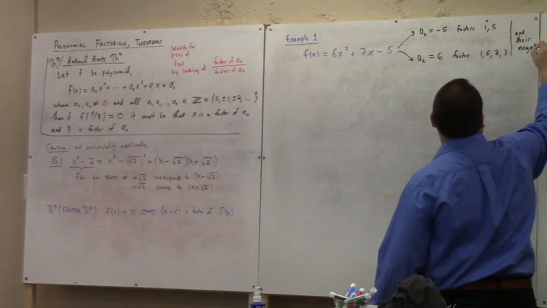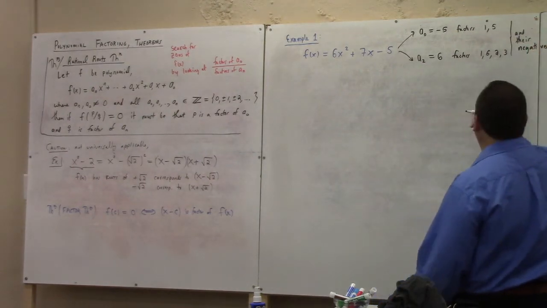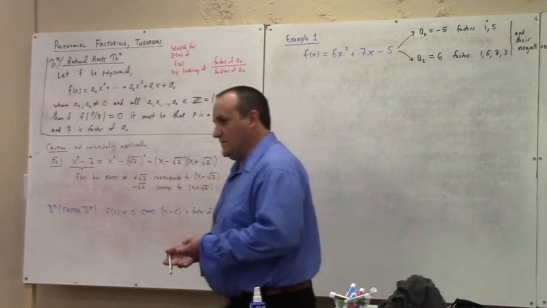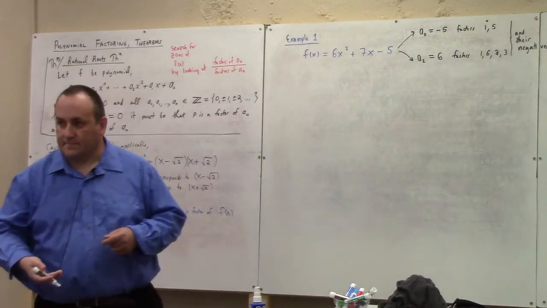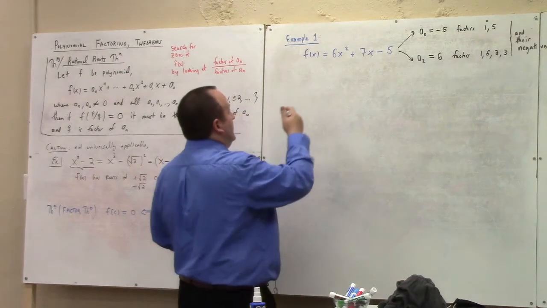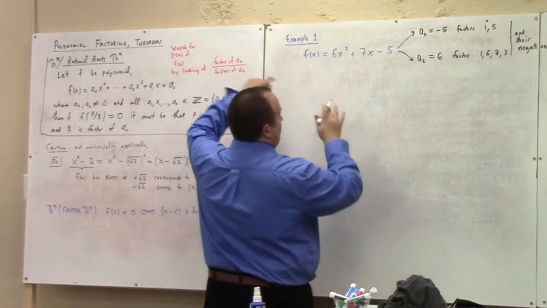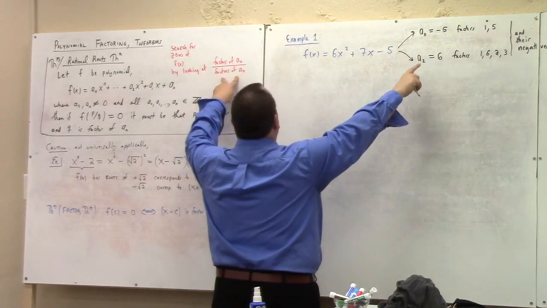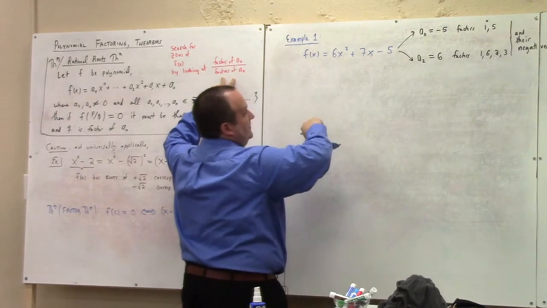I should really say plus or minus 1, plus or minus 5, plus or minus 2, plus or minus 6, and so forth. So the rational roots theorem says we can look for rational zeros by looking at factors of a sub 0 divided by factors of a sub n, right?